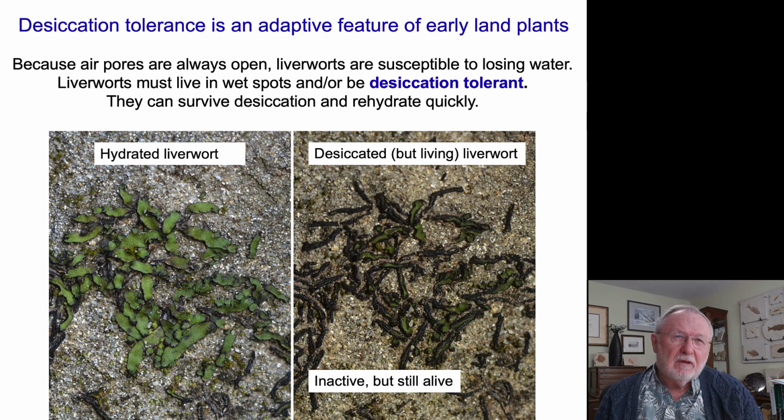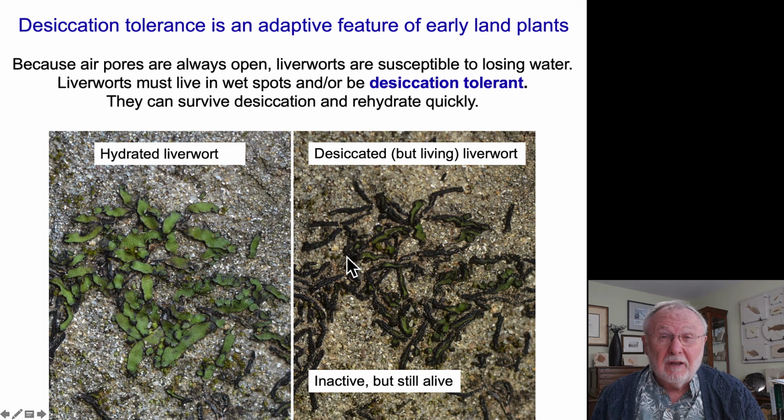At times, when there isn't adequate water, these plants desiccate, as I had mentioned in a previous slide. So this is the capacity to go from being active in a wet, hydrated condition to being totally dry. Here you see a liverwort in a hydrated form and now in its desiccated form.